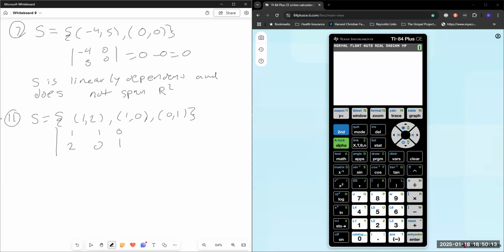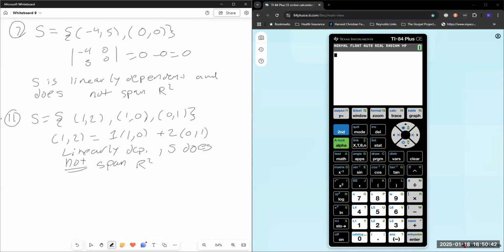So I'm definitely going to be able to write (1, 2) as 1 times (1, 0) plus 2 times (0, 1). That means that they're linearly dependent. And that means that S does not span R2.